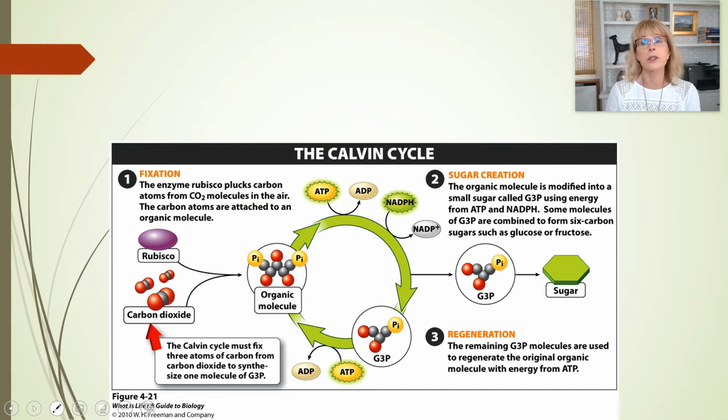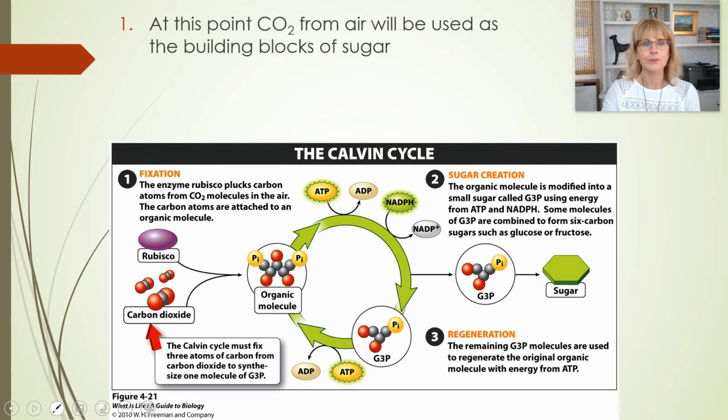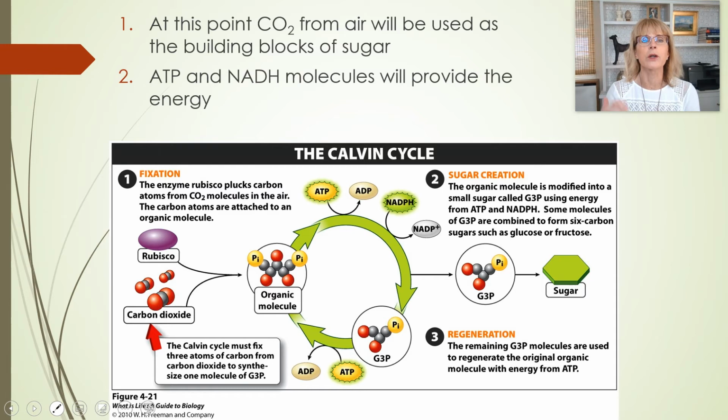That this is where the CO2 gets used, but this is not where oxygen gets made. Okay, so the CO2 from the air will be used to build pieces of sugar, and this is how glucose is made.